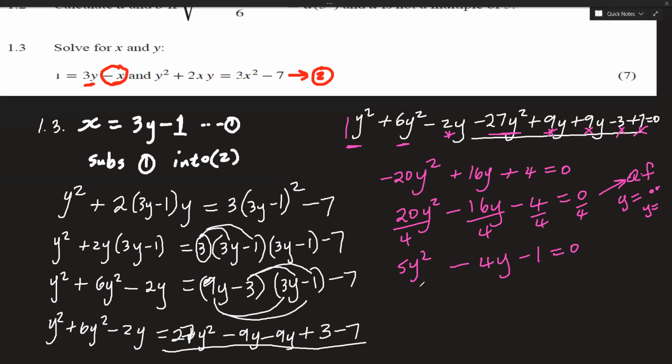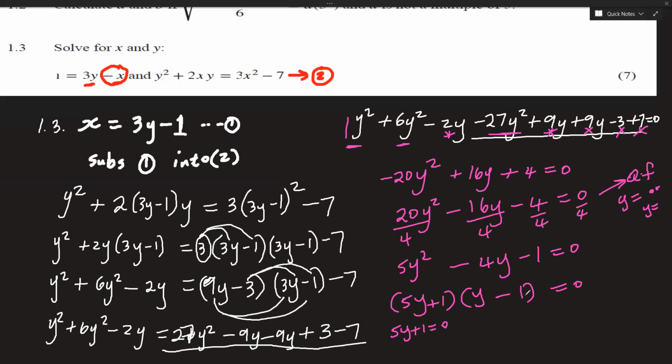And then I'm going to have this now. Let's see. So I'm going to have 5y, and then I'm going to have y, then I'm going to have minus 1, then plus 1, right? But if you do quadratic formula, you don't need to do this step. You'll just get your 2y values from there. So I have 5y plus 1 equals to 0.